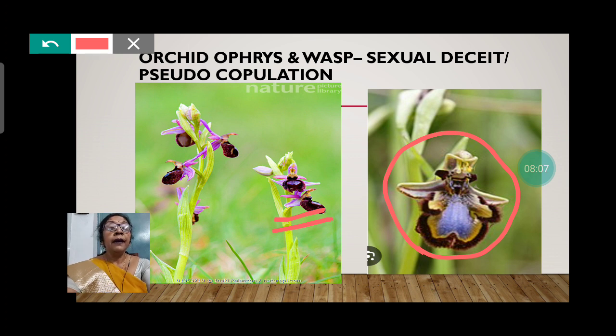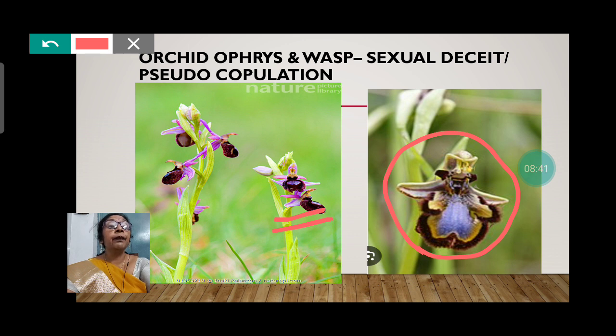The shape of the flower is similar to the female wasp. So the male wasp comes closer to the flower in confusion, thinking it is a female wasp, and in this collision it results in pollination.